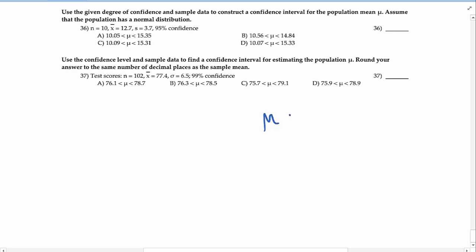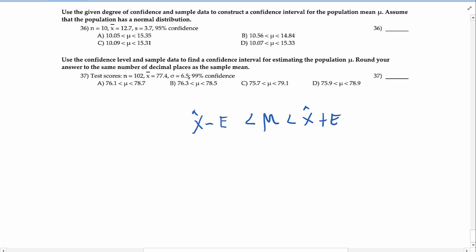Every time we build a confidence interval, we take a sample mean and add and subtract a margin of error to create a range of values where we are confident we can find the mean of the population.